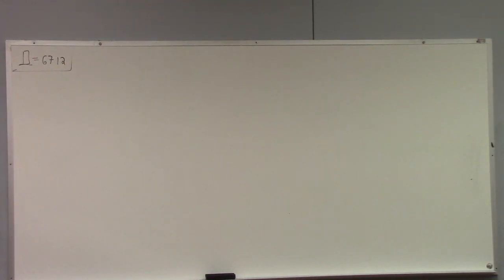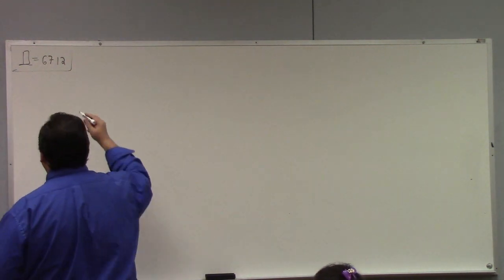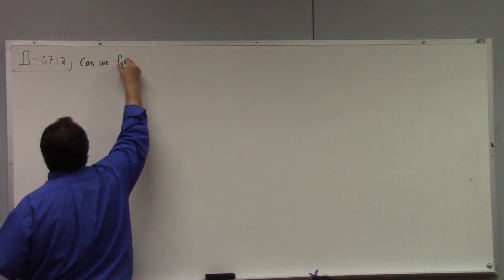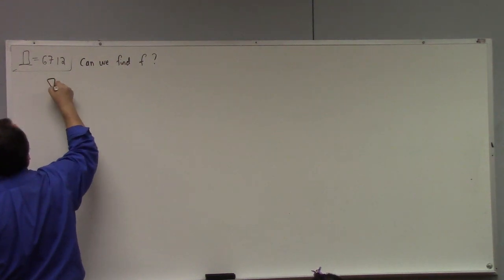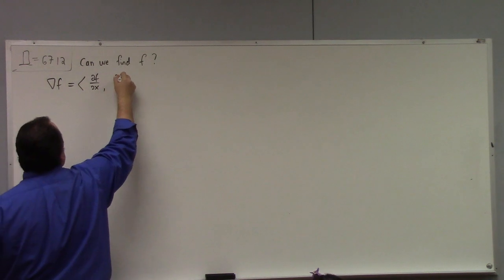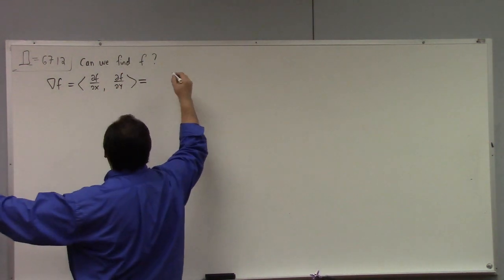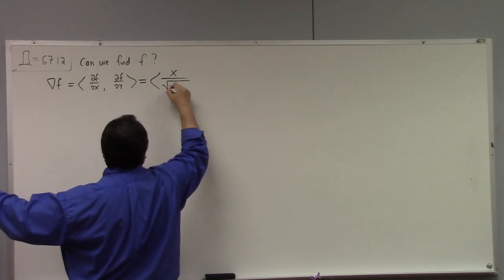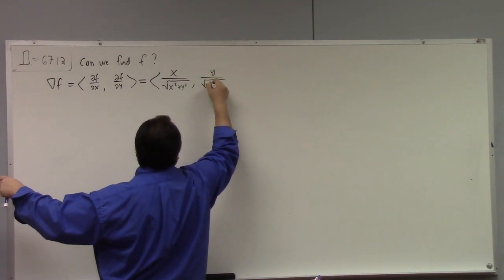I chose what I did here because it was easy to picture, but can we find f is a tougher question. Why? We've got to find the gradient of f. We know partial f partial x and partial f partial y, and we're given that those are x over the square root of x squared plus y squared, and y over the square root of x squared plus y squared, yeah?